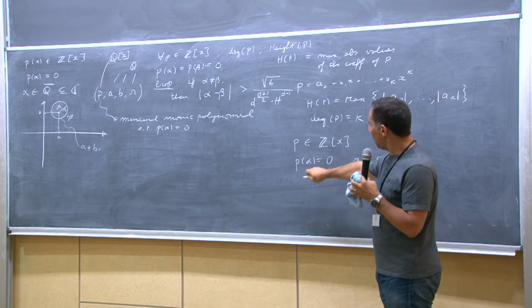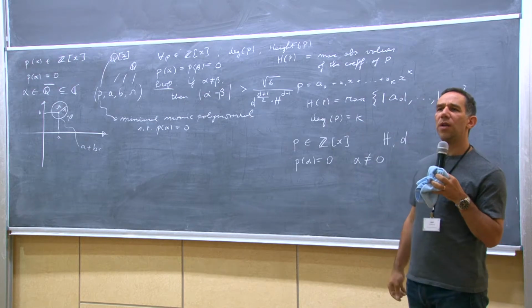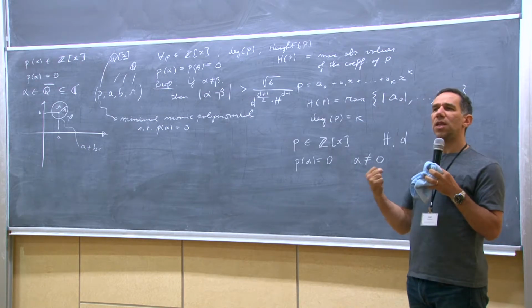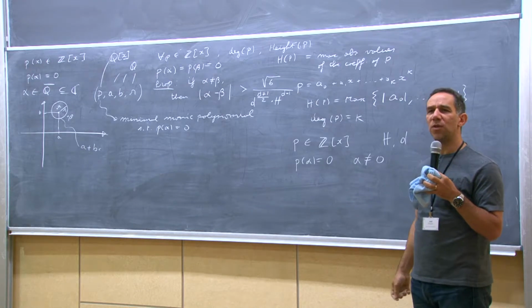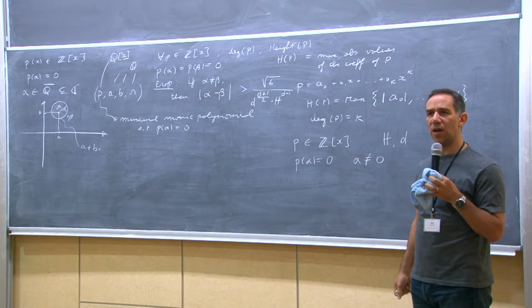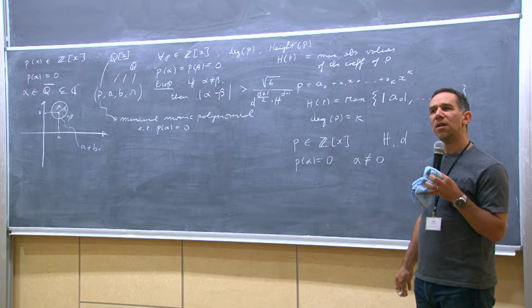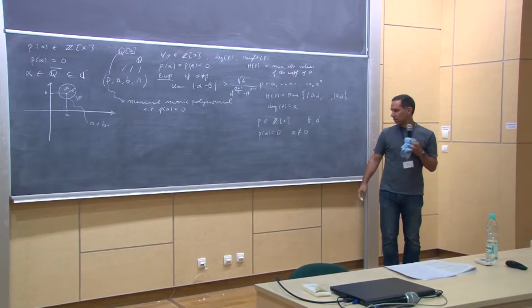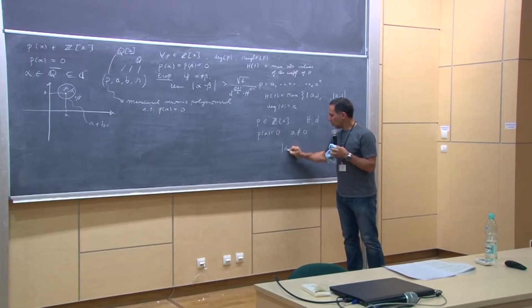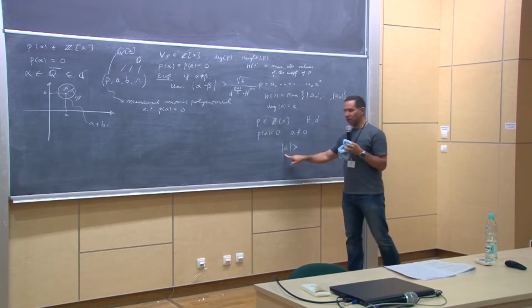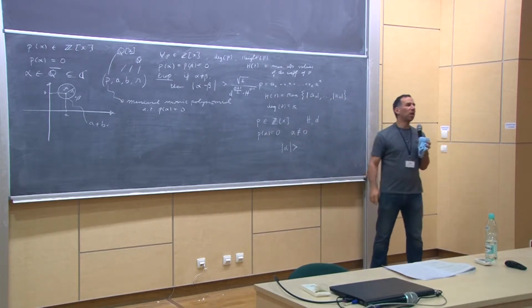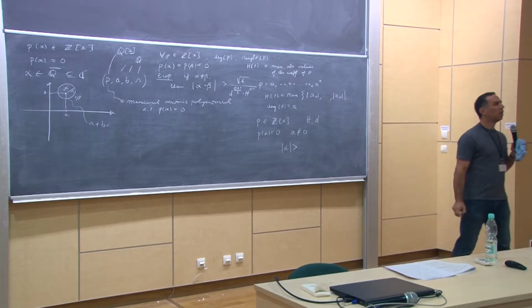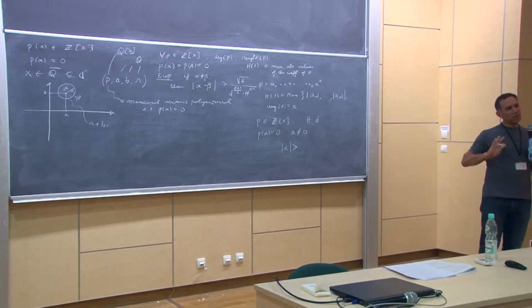Then can you give me a bound on the modulus of alpha? What I'd like is a lower bound. I want to say alpha is bigger, in absolute value, than something. How could I do that?